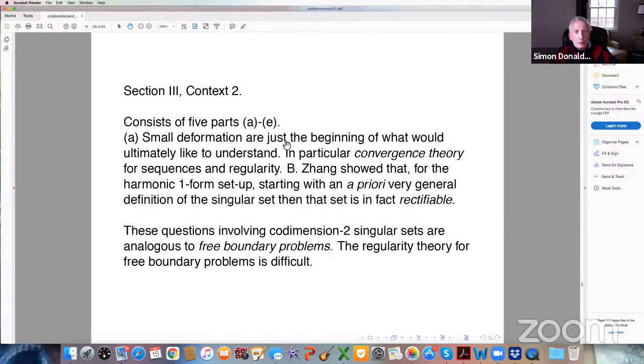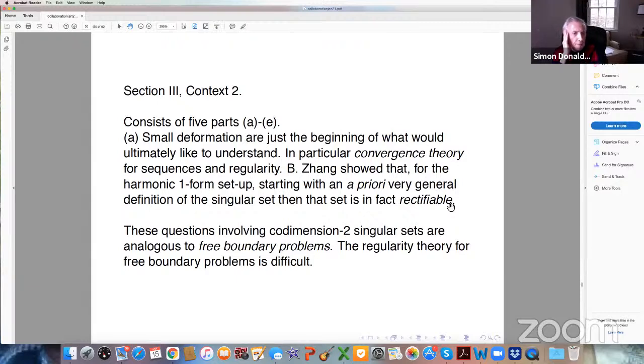So there's a whole world there to be explored. One result in this direction is of Zhang, who showed that in this more linear setup, if we take some a priori very general notion of a singular set, then in fact those sets are rectifiable. That's good news for people who know the notion from geometric measure theory. They're not too badly behaved.